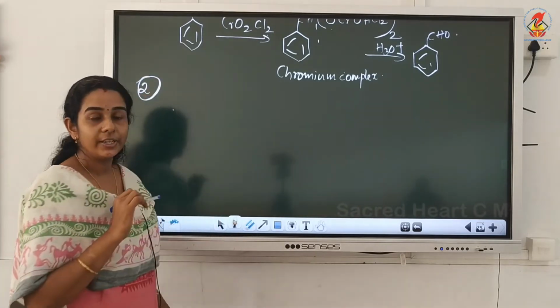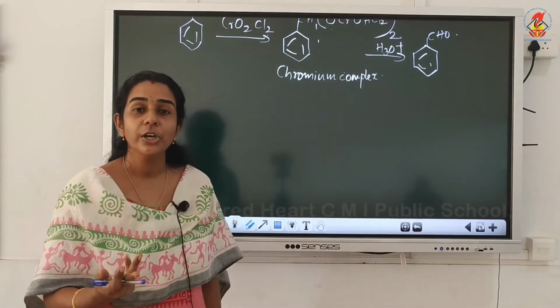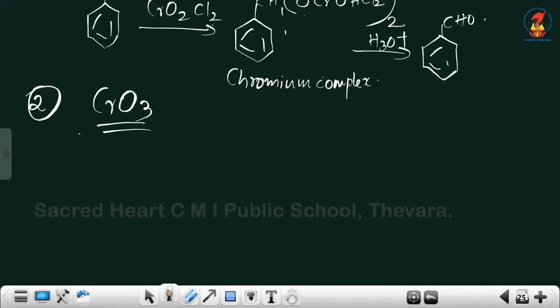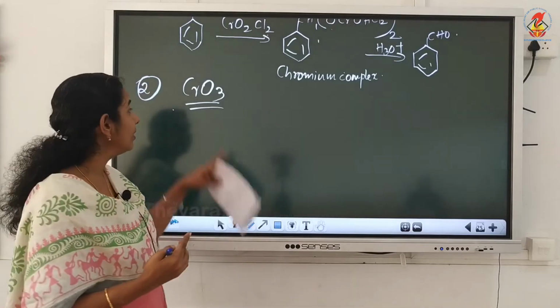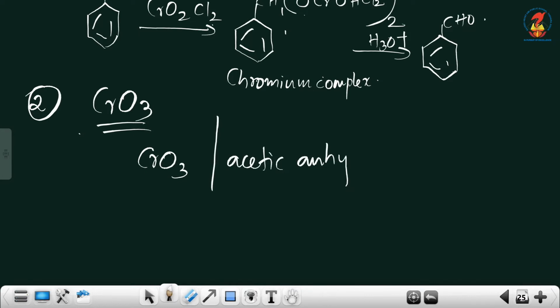Now the second reaction by which we can oxidize methyl benzene to benzaldehyde is by using chromic oxide, CrO3. It's not a named reaction. Here we are using CrO3 in the presence of acetic anhydride.